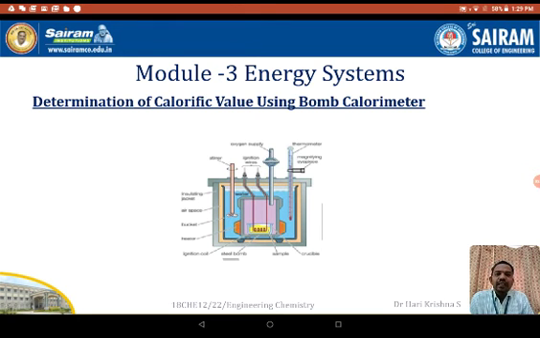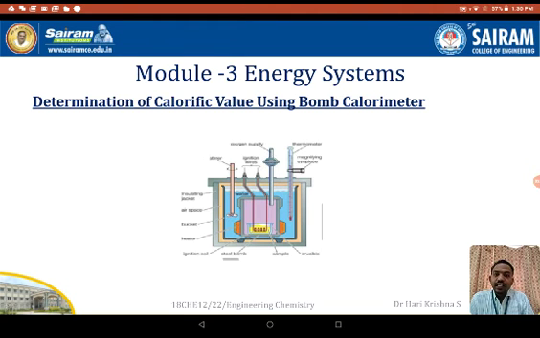We also have a thermometer and a stirrer. This entire setup of the bomb is kept in a well insulated copper vessel, which is known as the calorimeter. You can see this brown, ash colored copper vessel. This calorimeter is equipped with a stirrer, a thermometer and a known weight of water.